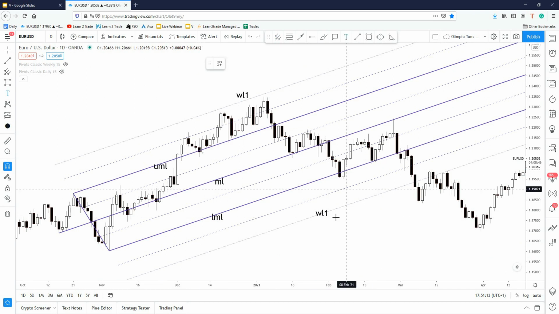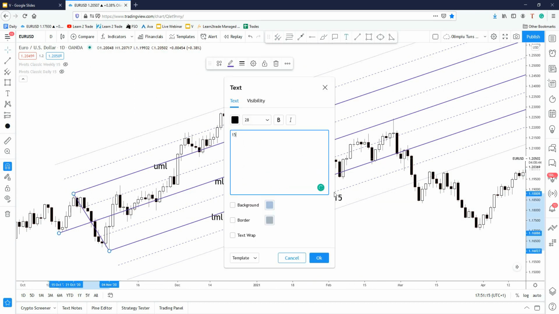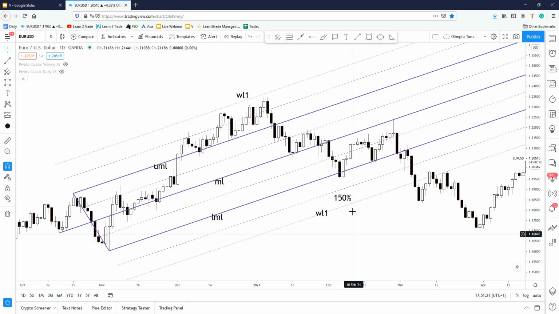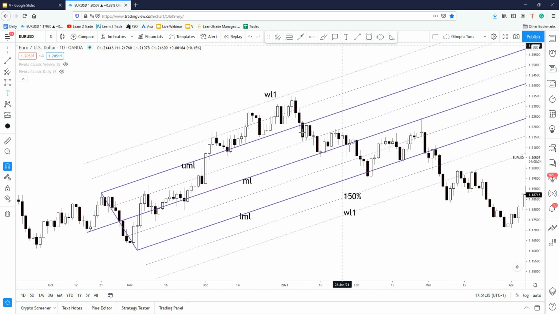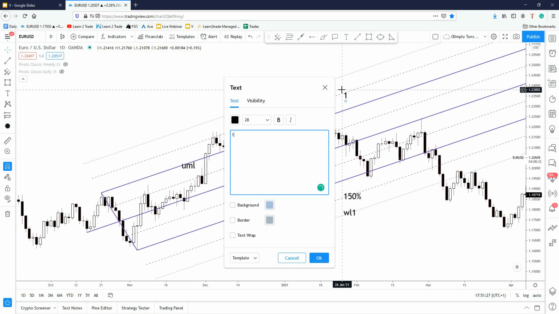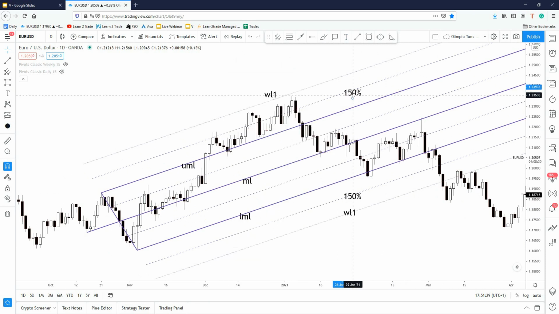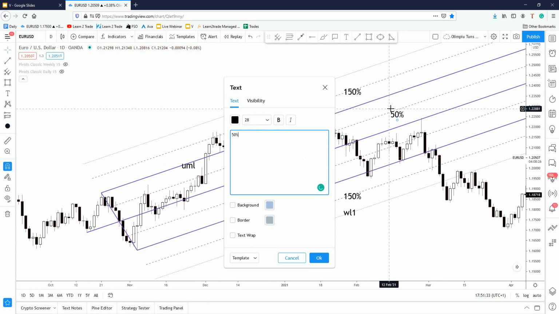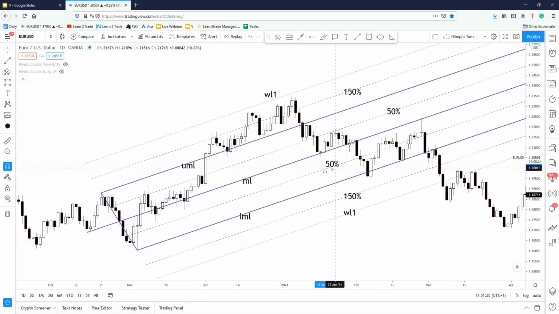This is the downside warning line, the downside 150% Fibonacci line, the upside 150% Fibonacci line, and also the 50% lines.